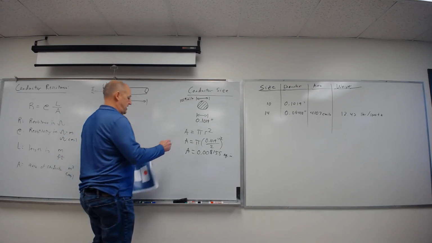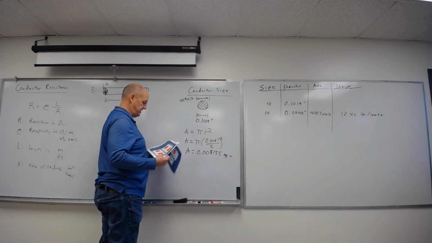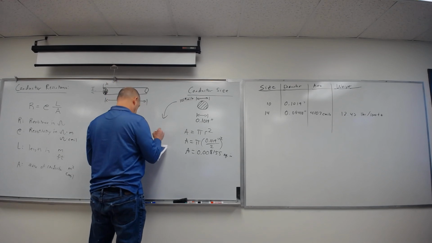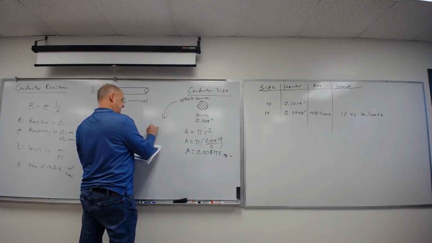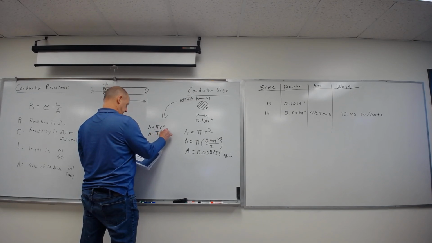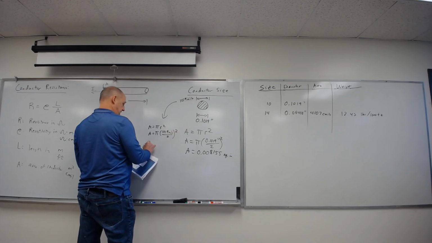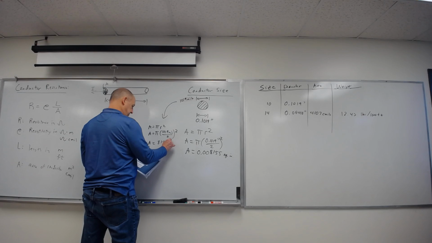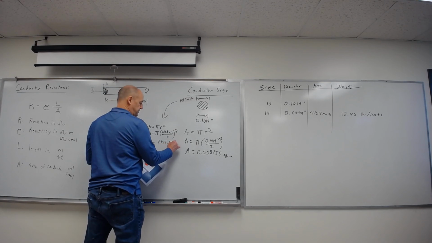Now, if I go down and I calculate area, area is pi r squared, area is pi times 101.9 mils divided by 2 squared. I end up with that same looking number, except for a different decimal spot, square mils.